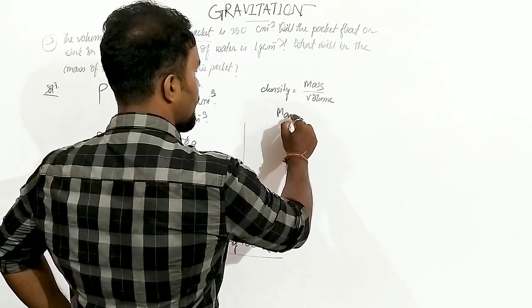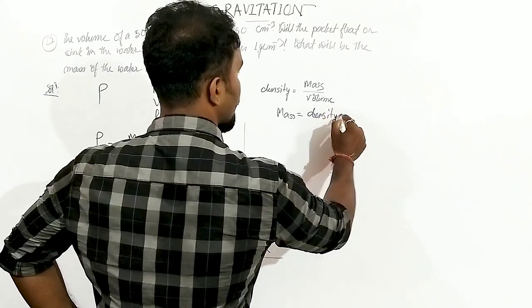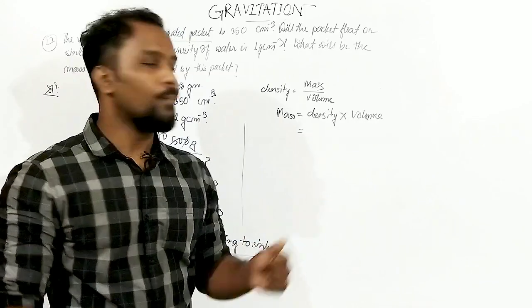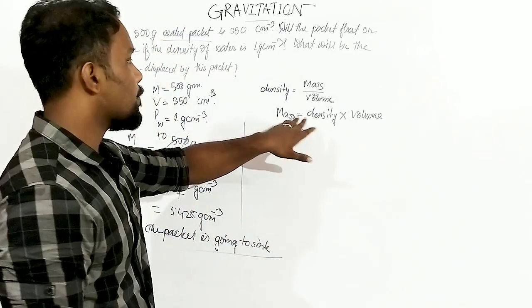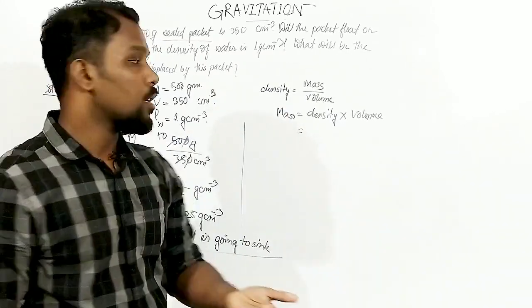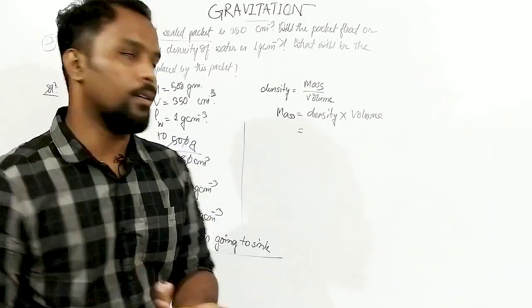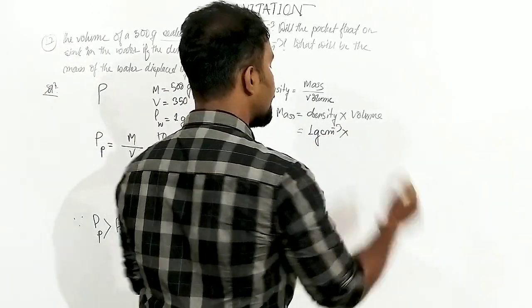So mass will be density into volume, right? Here we have to consider one thing very carefully, that since we have to calculate the mass of the water which is displaced, the density is going to be the density of the water. We know the density as 1 gram per centimeter cube.